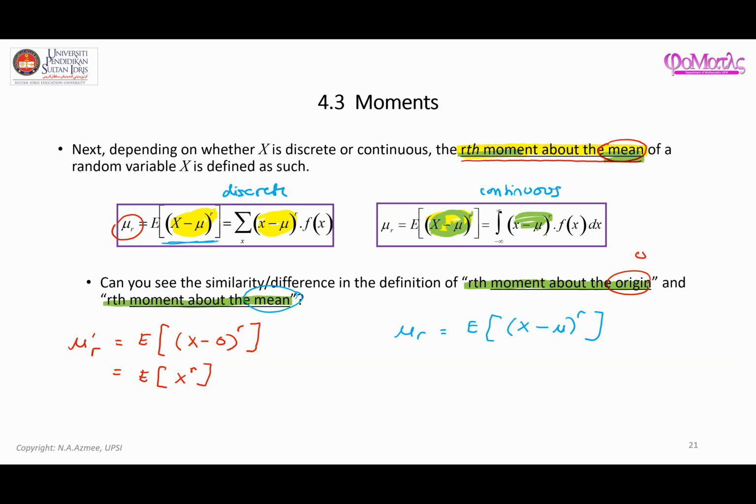So you can see that there's actually a similarity in the definition of the rth moment about the origin. So here we have x minus 0, but with the process we can simplify that to x to the power of r. Okay, and this one is the definition for the rth moment about the mean. So you have to subtract the mean from that random variable. Okay.